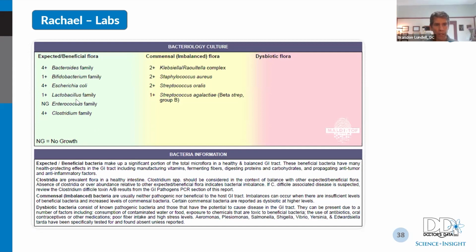We see low lactobacillus, low bifidobacter. We see streptococcus, staph. Pseudomonas is another one that I see often in autoimmune disease.